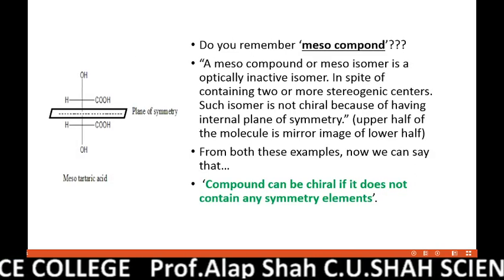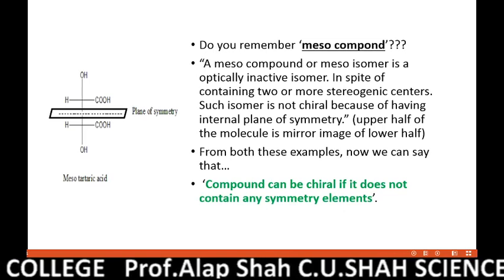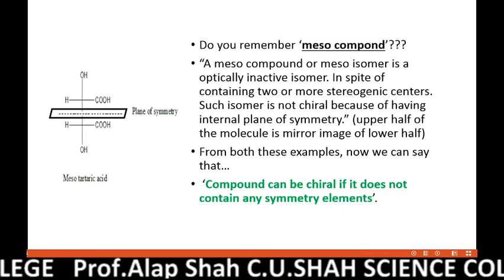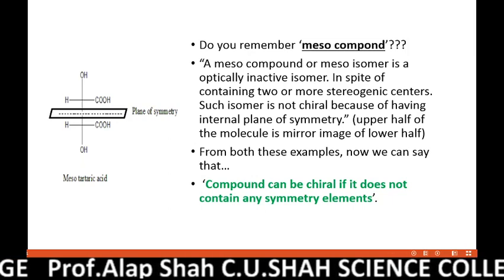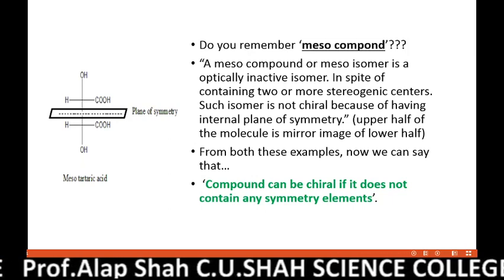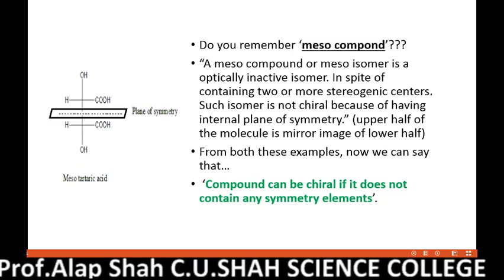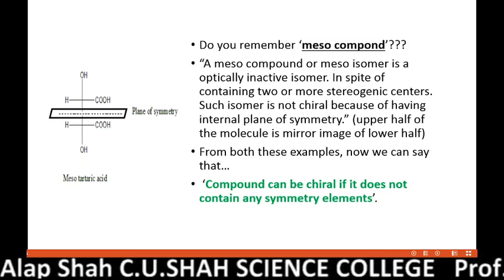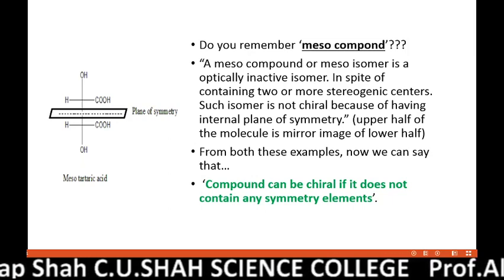Let me remind you one more thing. I hope that you remember meso compound. What is a meso compound or mesoisomer? It is an optically inactive isomer, in spite of containing two or more stereogenic centers.